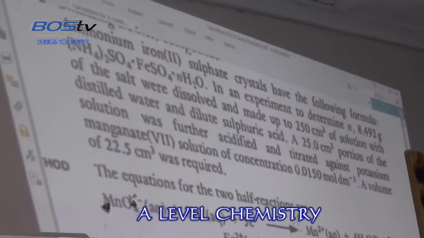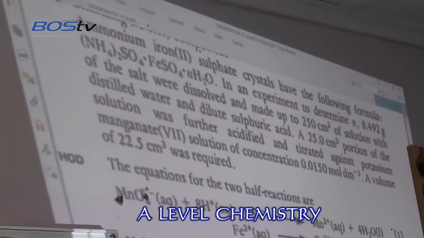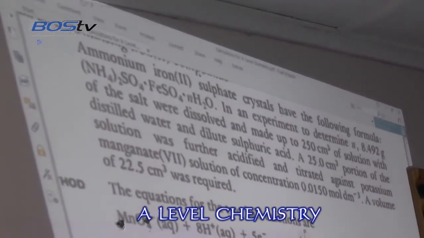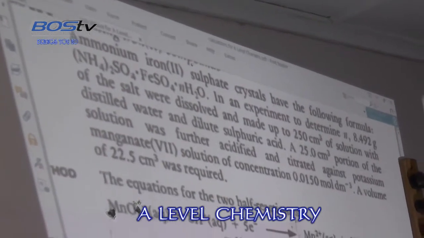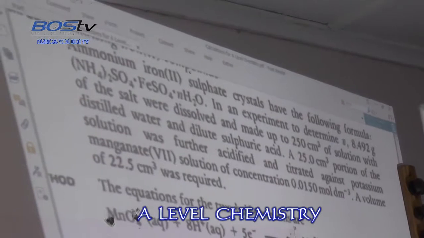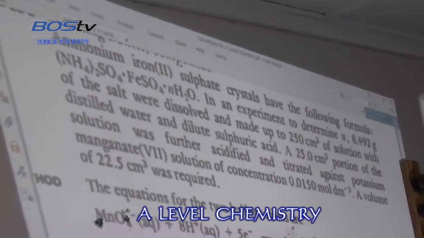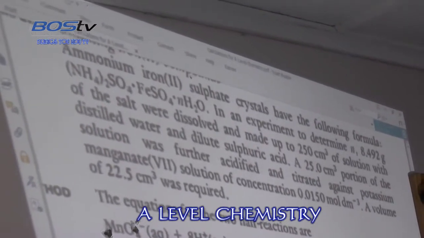A 25 cubic centimeter portion of the solution was further acidified and titrated against potassium manganate 7 solution of concentration 0.015 molar. A volume of 22.5 was required.